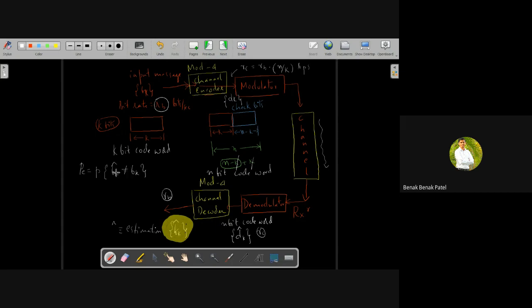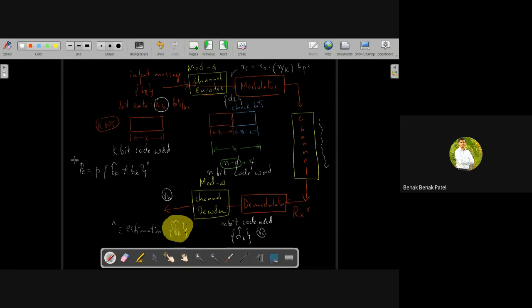If these two match, then there won't be any error. But if this bk is not similar to this bk cap, then there will be some kind of error. So the probability of error is the probability that the information block bk cap differs from the transmitted block bk.